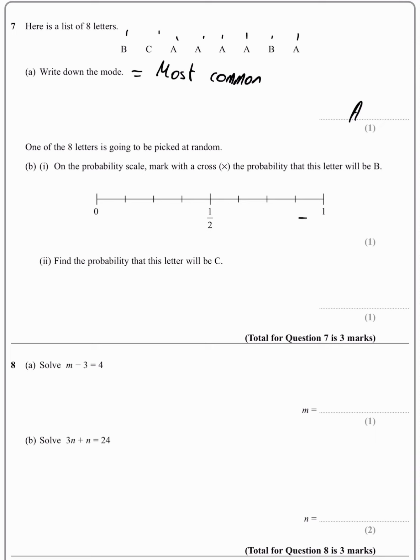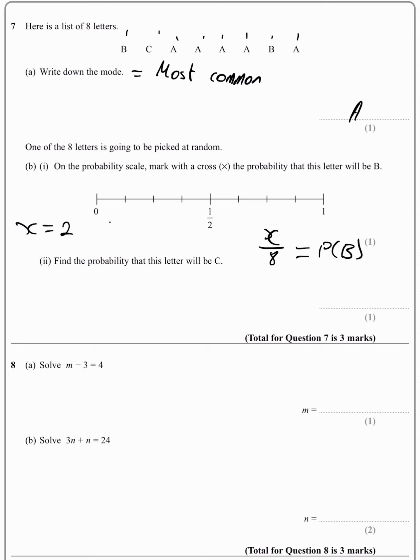Okay, and so it's going to be something out of 8 equals B, or the probability of B. Now since we have 2 B's, X is going to be 2.